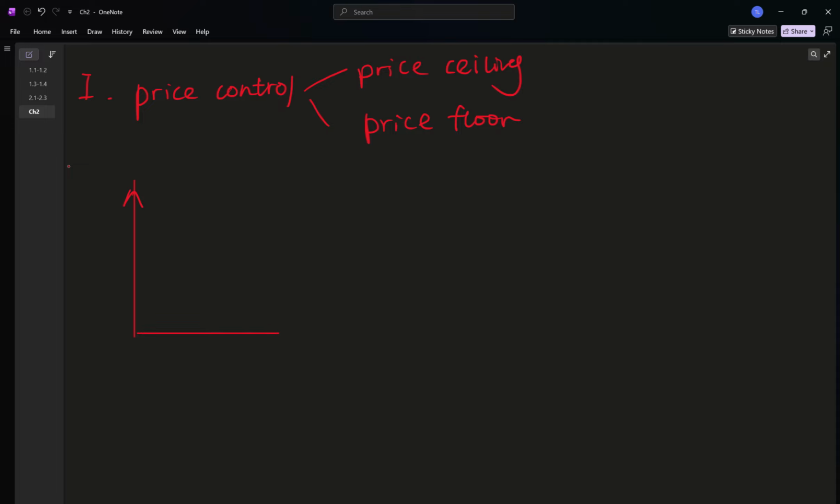See, this is price, this is quantity traded. Let's draw the demand and supply curves. You imagine the price ceiling is something up, but it's actually not. It's right here, and this is a price ceiling.